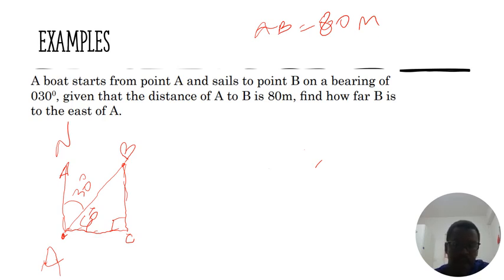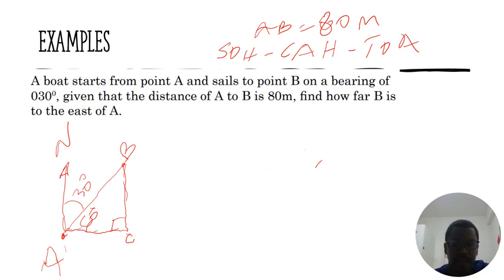So if you are to use SOHCAHTOA, let's put up SOHCAHTOA here, because we are going to use trigonometry. This is a right-angled triangle. You have the hypotenuse and you want to find this one. Now it's adjacent. You have hypotenuse, you want to find adjacent.